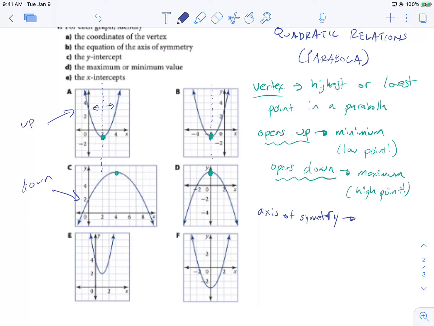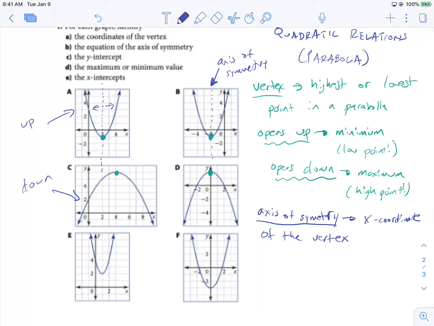So if I wanted to write an equation for this line, our axis of symmetry, how would I do it? How would I specify what that line is? The axis of symmetry is just the x coordinate of the vertex. And it just tells us what line this parabola is symmetrical through.